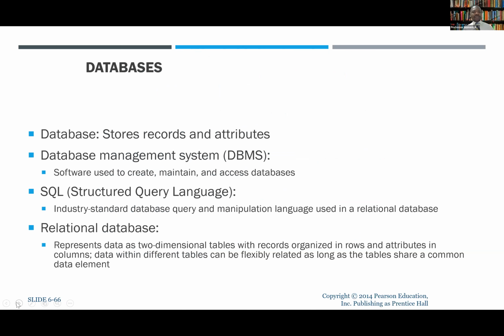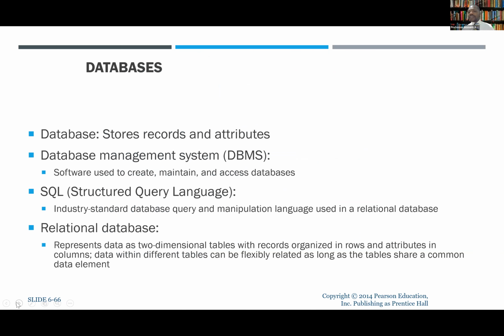We need to look into databases. Not in great detail because of the course content, but it's important that e-commerce is supported by databases, which store records and attributes, information that can be pulled back out. Database management systems are software used to create, maintain, and access the database.